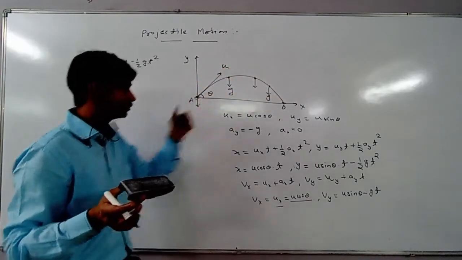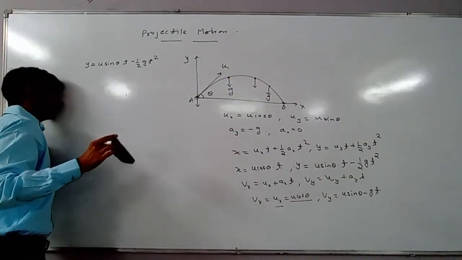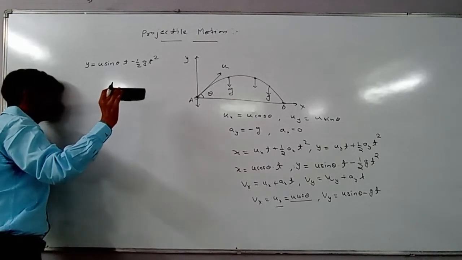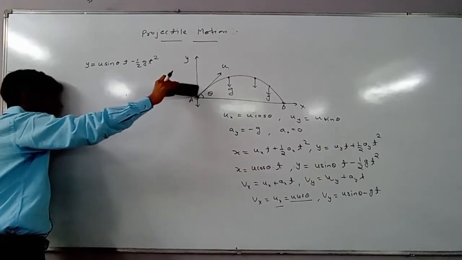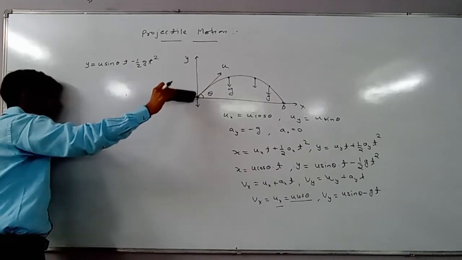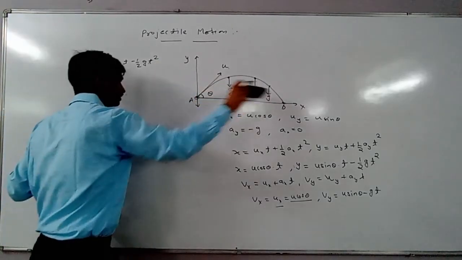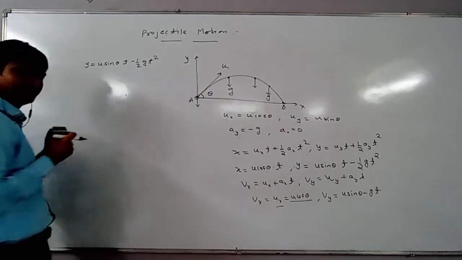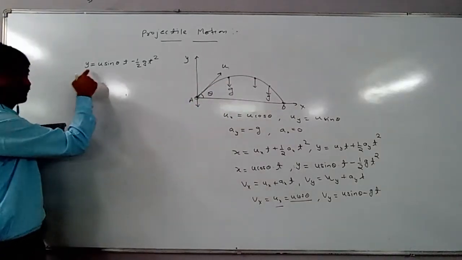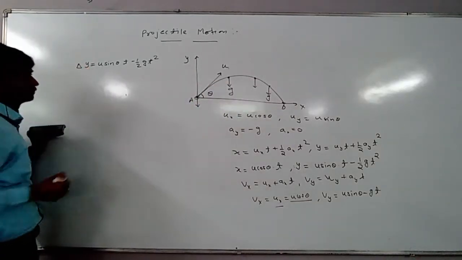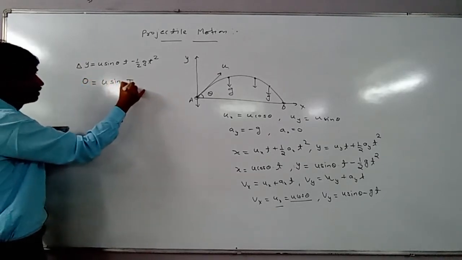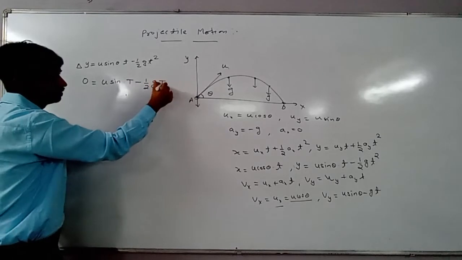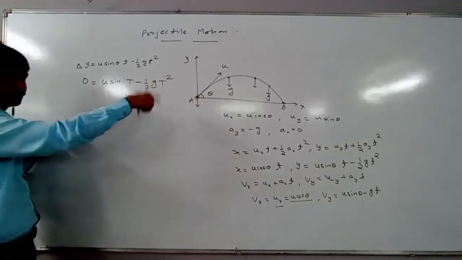The final displacement, just suppose I am seeing points A and B from here. Then whether the object has moved upward or downwards? No, it is on the same line, at points A and B, right? So the displacement along the y-axis, let's put it as delta y, is 0. So 0 equals u sin theta into t minus half gt square for points A and B.